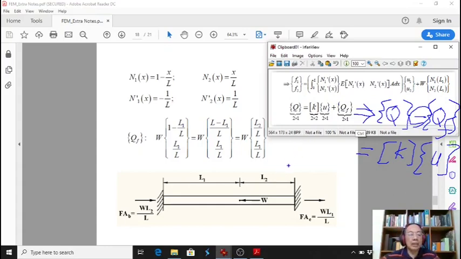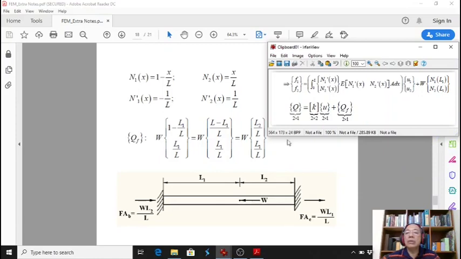Okay, so one more thing is to find K. So how to find K? K is the stiffness matrix of this bar. We can find it by using this equation, because all this is the K matrix.